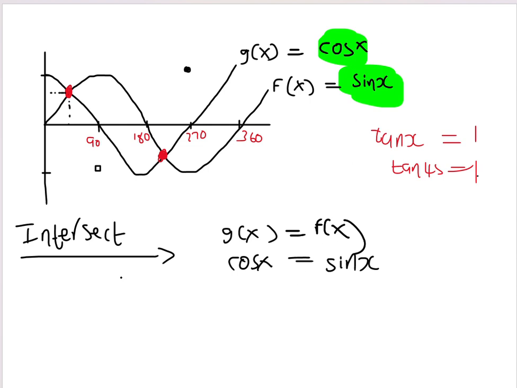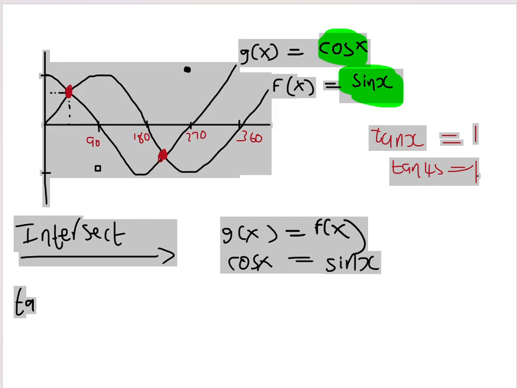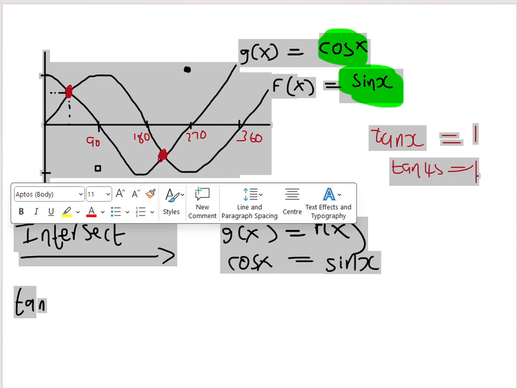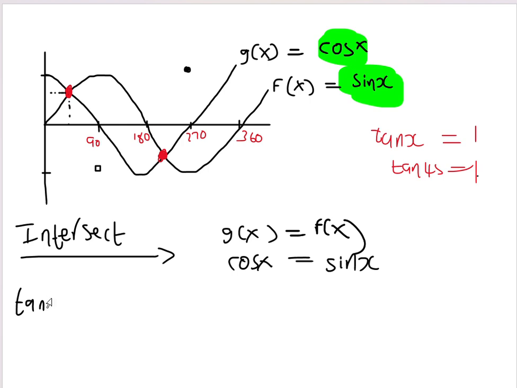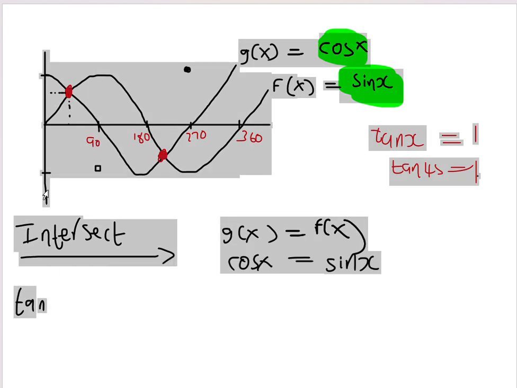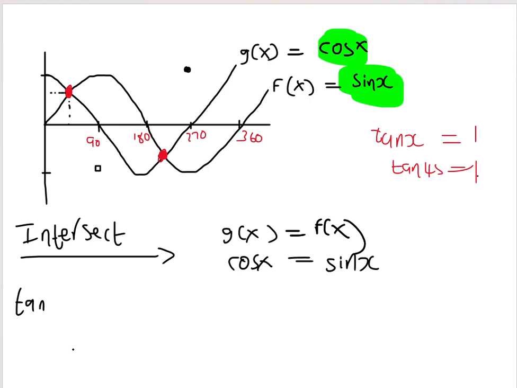Well, remember that tangent x is equal to sine x divided by the cosine of x, right? So tan x is equal to sine x divided by cosine x.